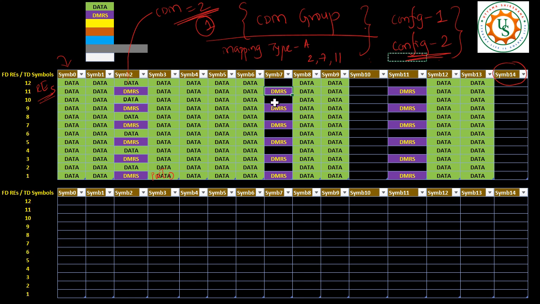So first I will delete all of these things. Now how will my config type 2 look like? It will be like this, right?